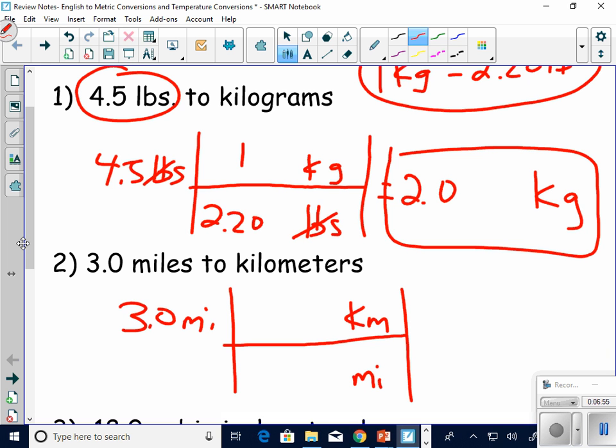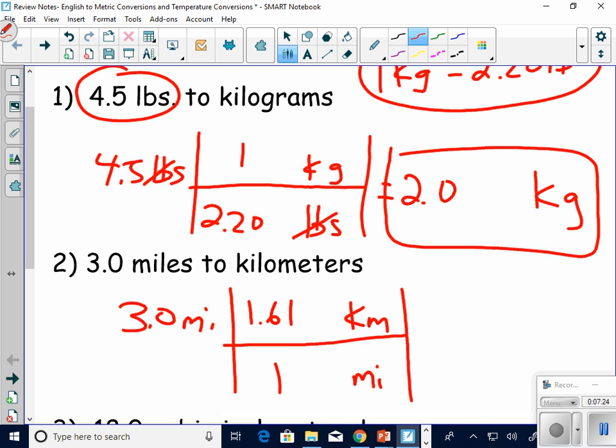Does anybody know what the conversion factor is, kilometers to miles, miles to kilometers? 1 mile is equal to 1.61 kilometers. If I look in my agenda, yeah, that is actually there.